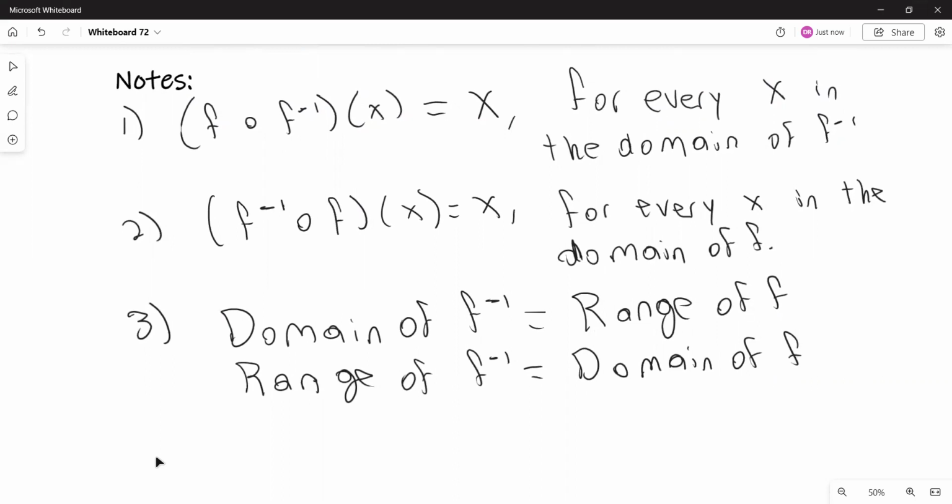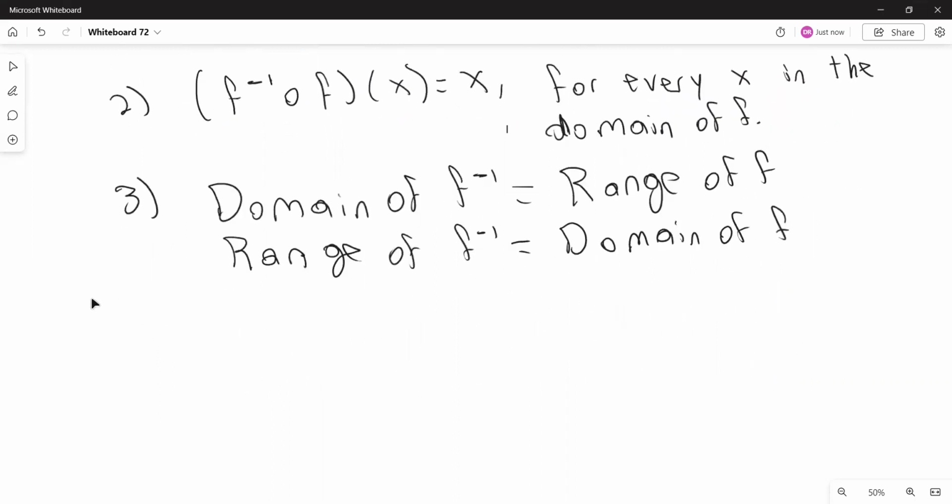So we are going to verify that the following pairs of functions are inverses of each other.